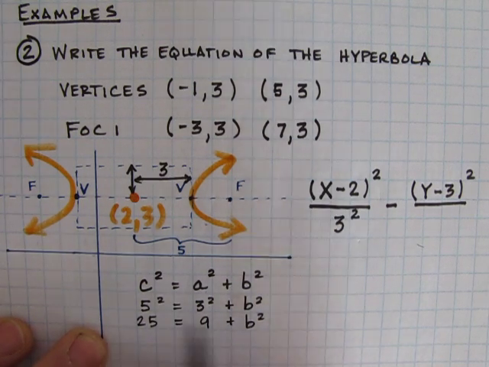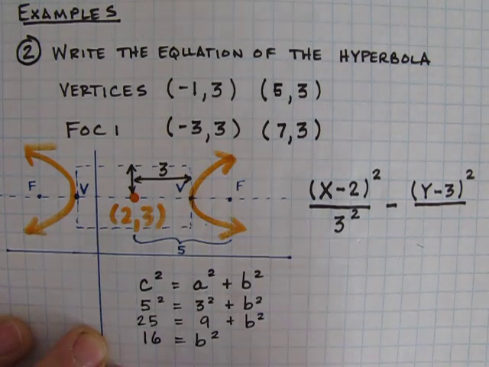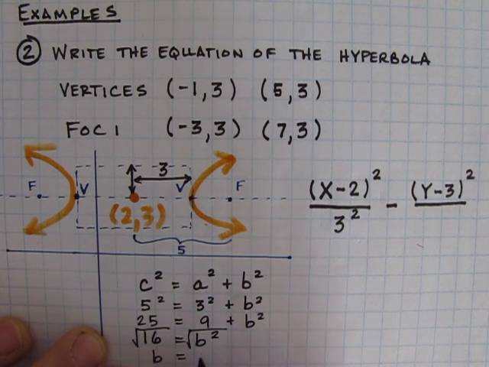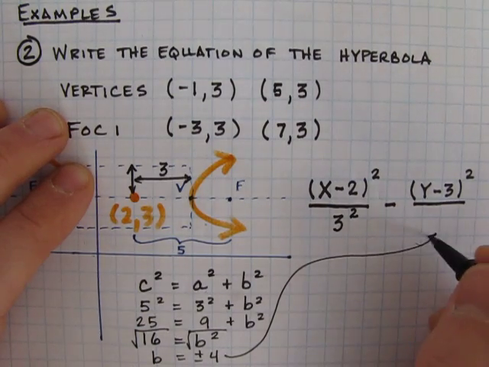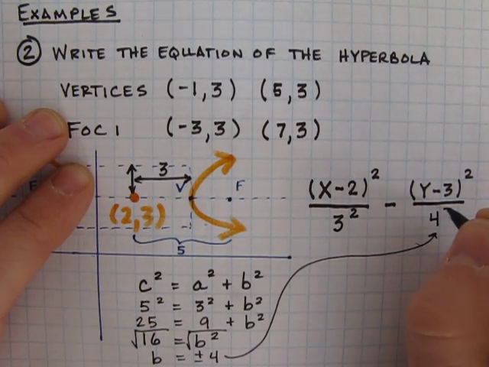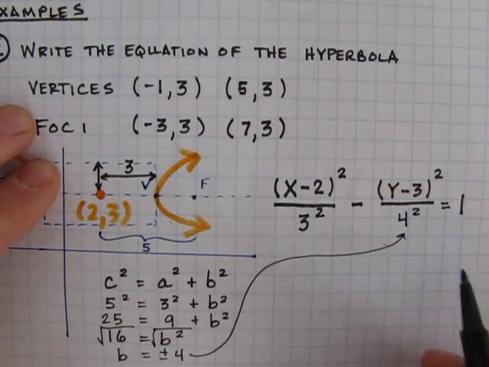If we subtract 9 from both sides, we're going to get that 16 is equal to b squared. And therefore, when we take the root, b is going to be equal to plus or minus 4. So let's bring that up here. That means a 4 squared goes in that position. It's all equal to 1.